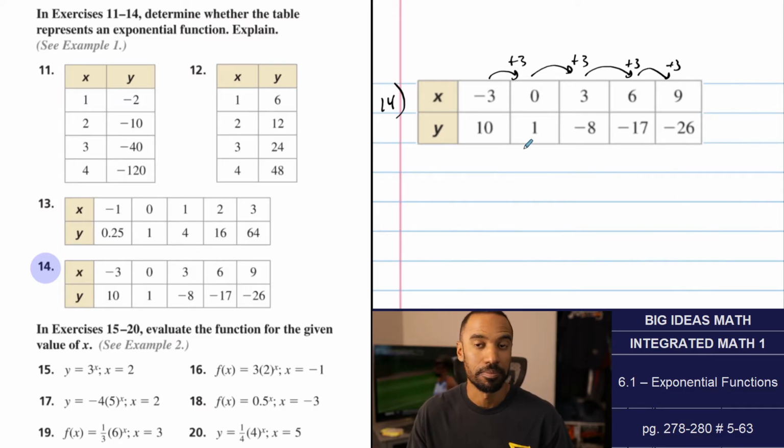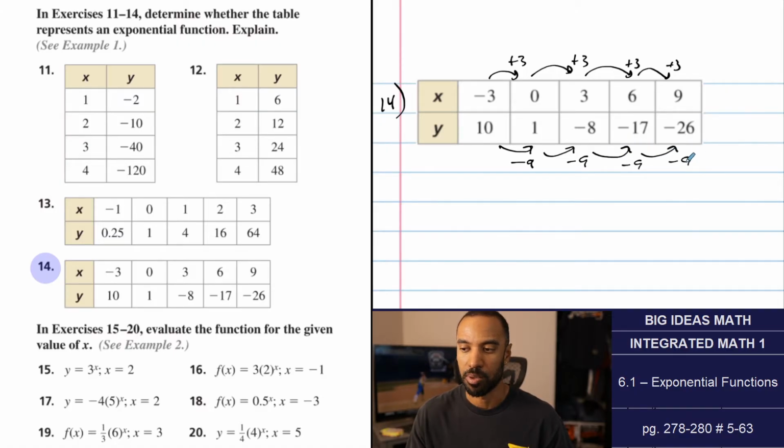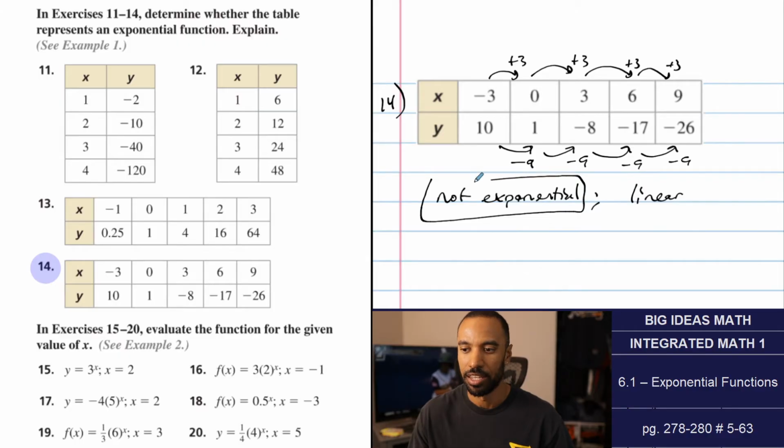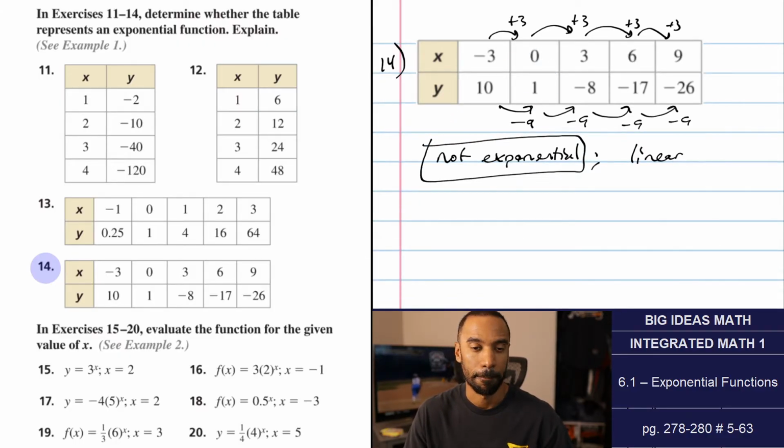It's actually linear. We're subtracting 9 each time. Is subtracting 9 indicative of something that's exponential? No. Exponentials are non-linear. This is not exponential simply because it's linear. Now, we also showed that it didn't have a constant common ratio. We got to really weird numbers and fractions and changes in sign to show that it's not, but this is actually a linear function. That's all I wanted to state on that.